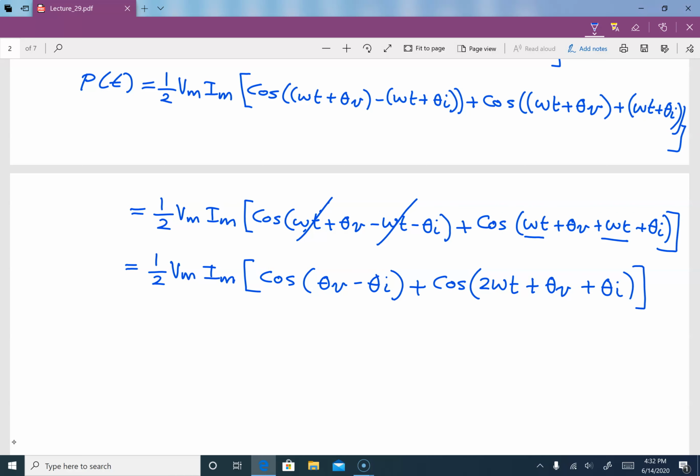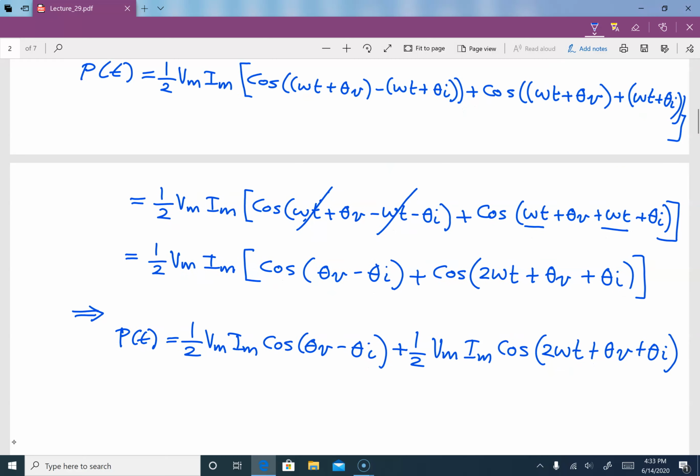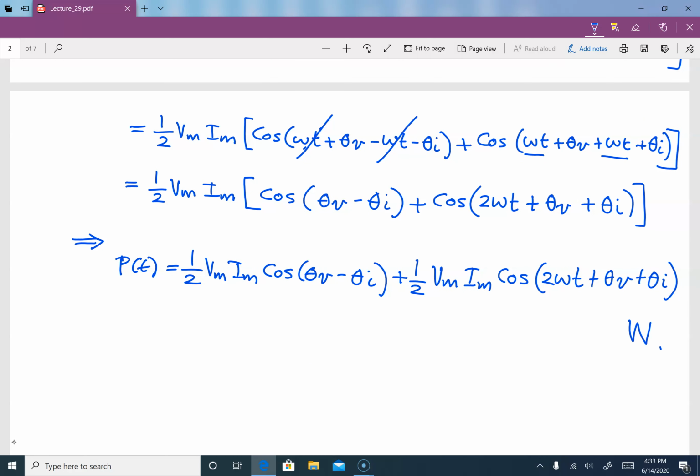So our final form is p of t equals 1/2 Vm Im multiplied by the first term, cosine of theta v minus theta i, plus 1/2 Vm Im multiplied by the second term, cosine of 2 omega t plus theta v plus theta i, in watts.